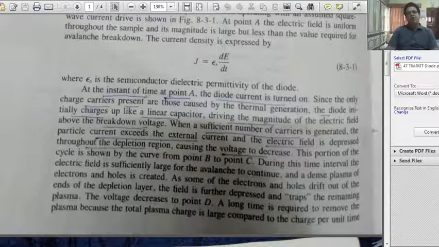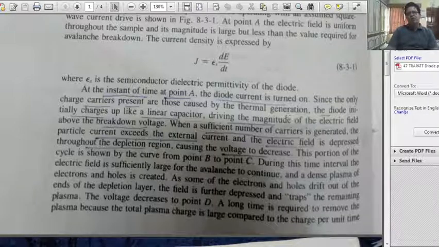At the instant of time at point A, the diode current is turned on. That means the diode current is started. The only charge carriers present are those caused by thermal generation.